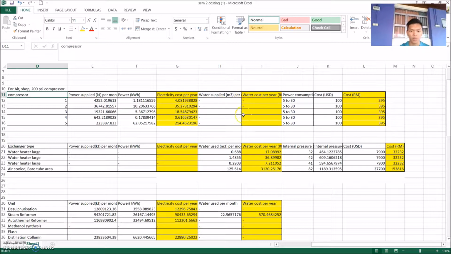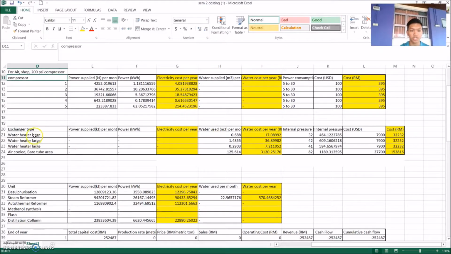And for the cost of water, we didn't use water for the compressor, so the cost of water should be 0. And we move on to the electricity. Since all the compressors need energy supplied, all the compressors need electricity as a source of energy. Thus there exists an electricity cost for all 5 of the compressors.